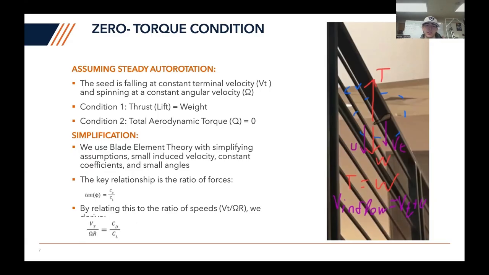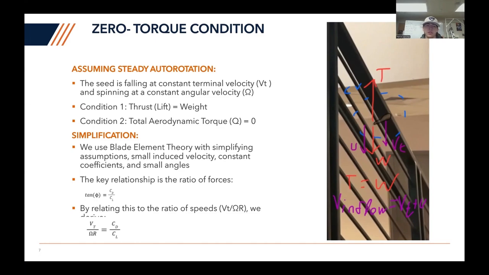The seed is falling at a constant velocity Vt and spinning at a constant angular velocity, omega. Condition 1 is that the lift is equal to the weight. Condition 2 is that the total aerodynamic torque, Q, is equal to 0.